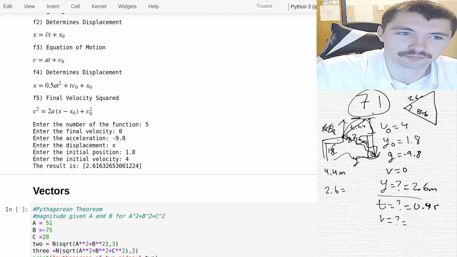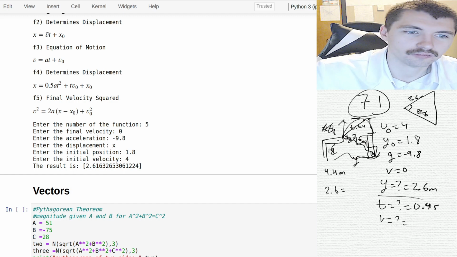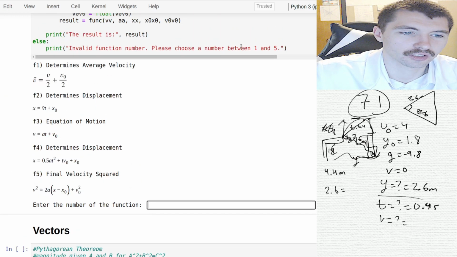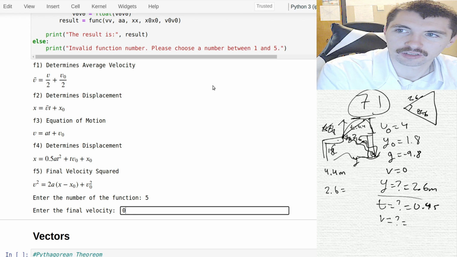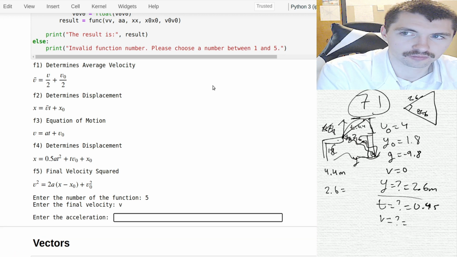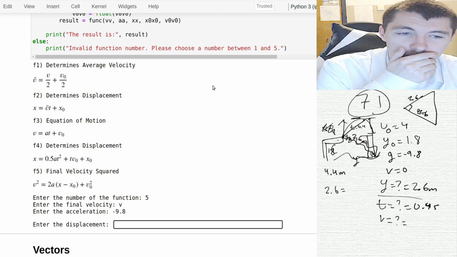Okay, so now let's try equation 5. Maybe we can solve for final velocity now. From the top down. A 9.8 displacement.